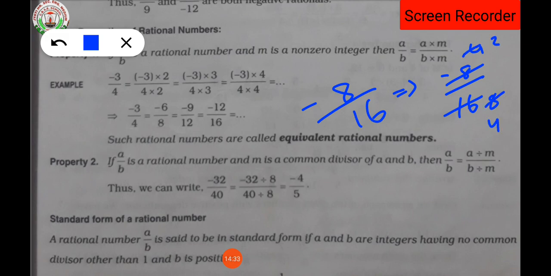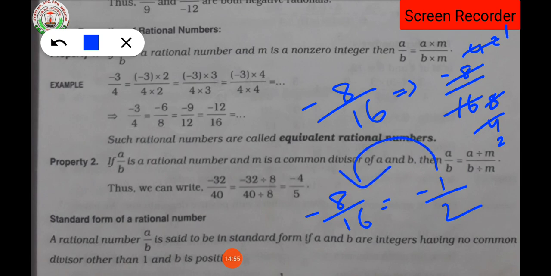Here 8 will be 4 times. Then again 1 time and here 2 times. So when we cancel minus 8 upon 16, what number do we get at last? Minus 1 by 2. Will it get cancelled again? No. मइनस 1 by 2 और cancel होगा क्या? नहीं होगा. So minus 1 by 2 is the standard form of minus 8 by 16. Remember that.